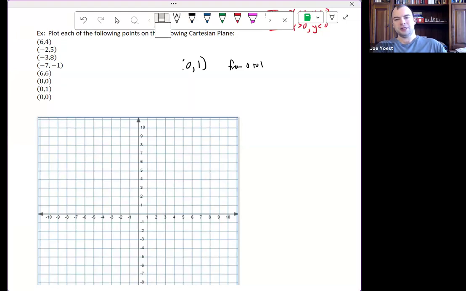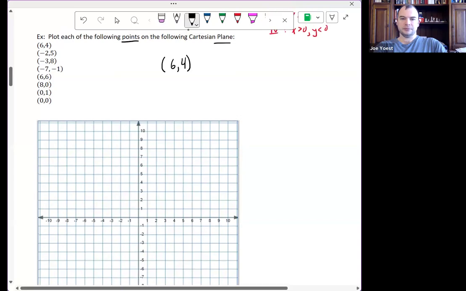For this notation, context matters. So the point, let's say 6, comma 4, our first one here, what does this notation mean when we're in the context of a point on the plane?